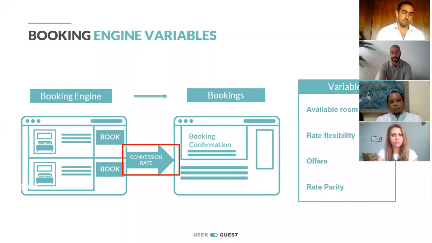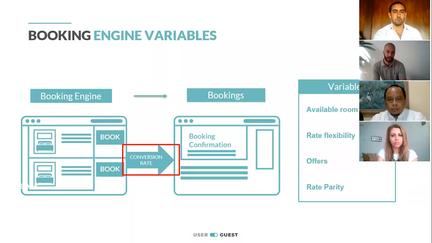When hotels have the most flexible rates, or even provide the option to book now but pay at the hotel, we see the highest conversion rates. We see this on Expedia, on Booking.com, on all the other OTAs. That's why they've chosen to go that route, because it increases the conversion rate quite a bit.